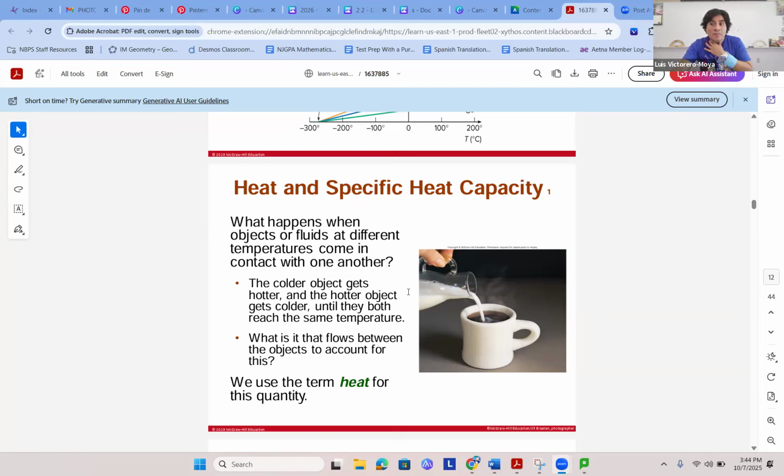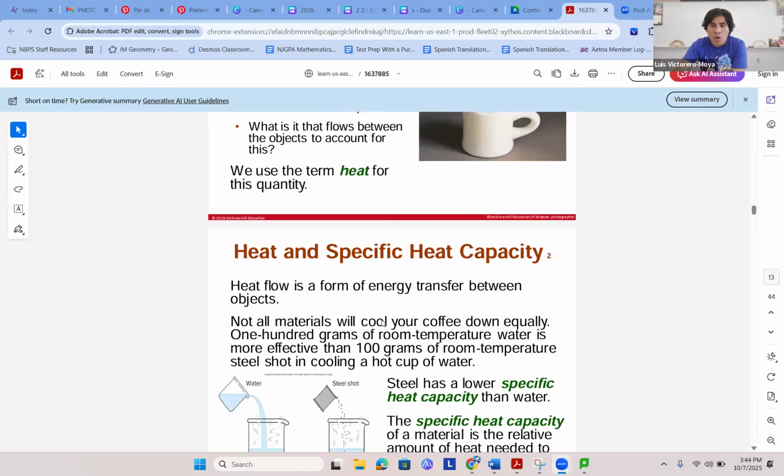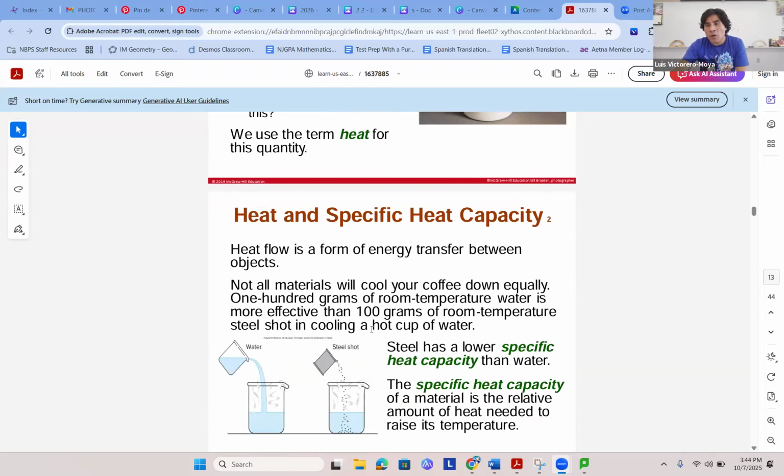So heat is a form of energy, not a temperature scale. However, we're going to learn now how heat depends on temperature. One of the main factors for heat is the specific heat capacity, which is the amount of energy needed by a substance to increase its temperature by 1 degree Celsius. For water, the specific heat capacity is 4,186 joules per kilogram per Celsius.